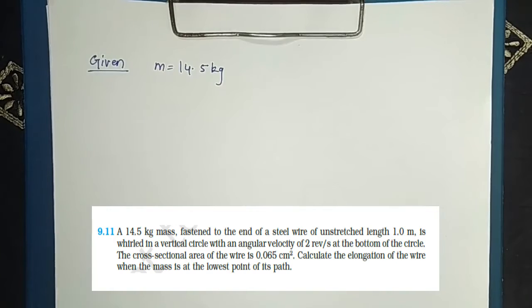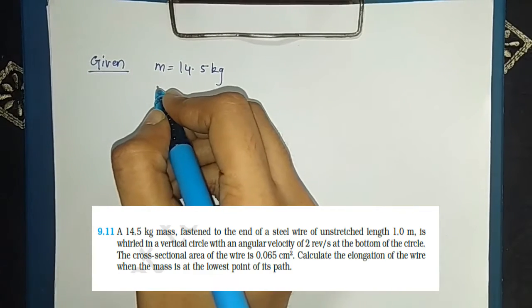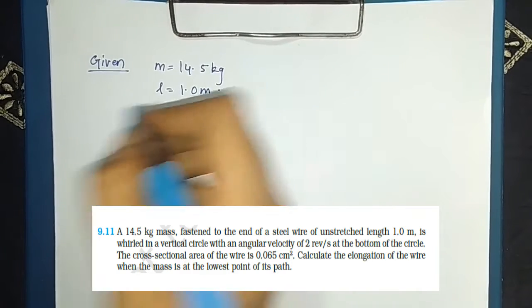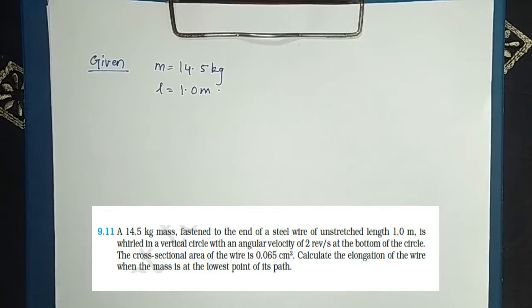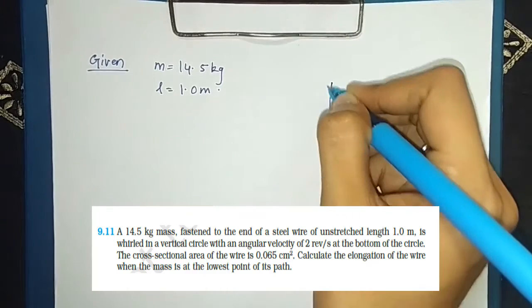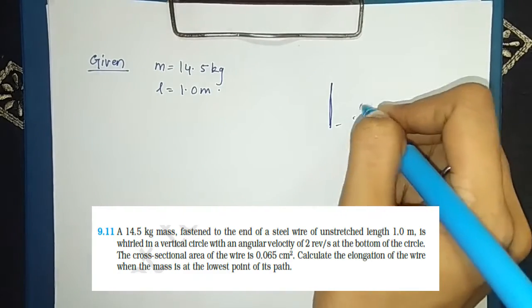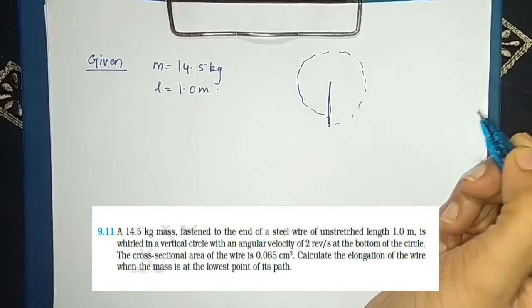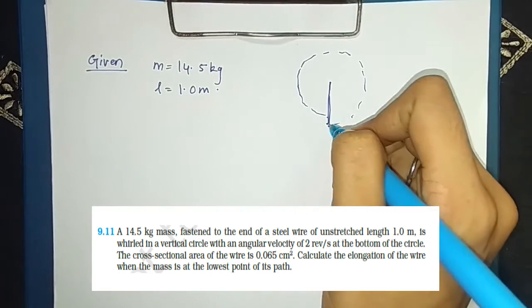So the unstretched length is given as 1 meter, so the initial length is 1 meter, of the steel wire, and it is whirled in a vertical circle with an angular velocity. What do you mean by vertical circle? So this will be the length of the steel wire, and it is whirled, which forms a vertical circle kind of thing.